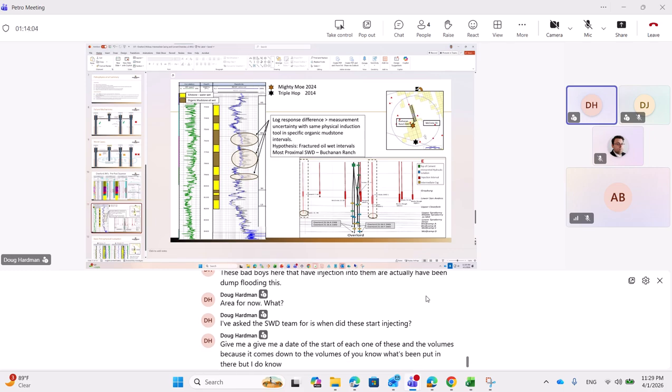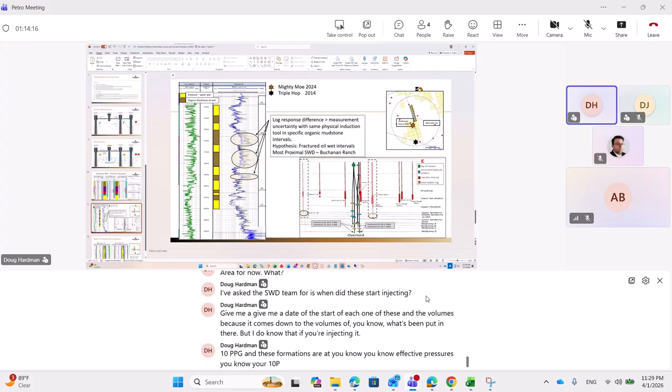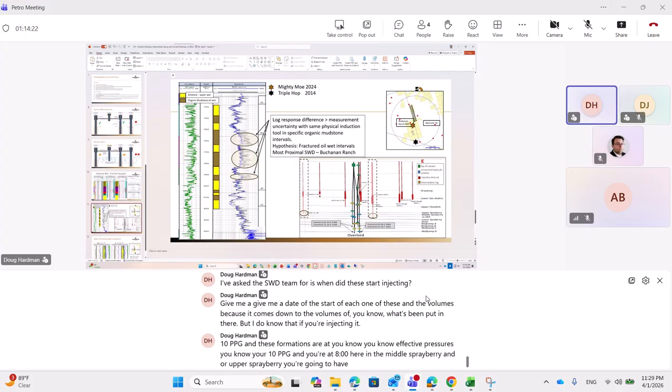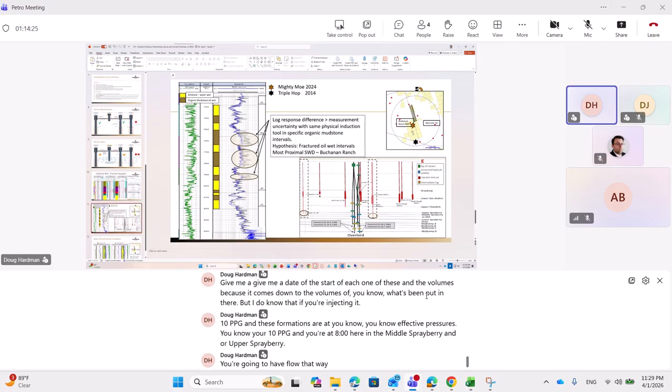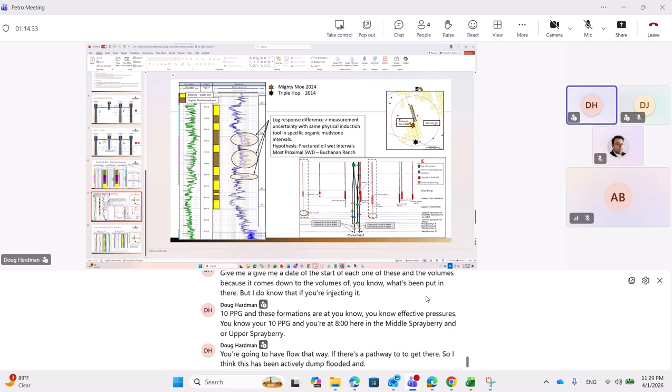But I do know that if you're injecting at 10 ppg and these formations are at effective pressures of 8 ppg here in the Middle Sprayberry and or Upper Sprayberry, you're going to have flow that way if there's a pathway to get there. So I think this has been actively dump flooded, and that's that.